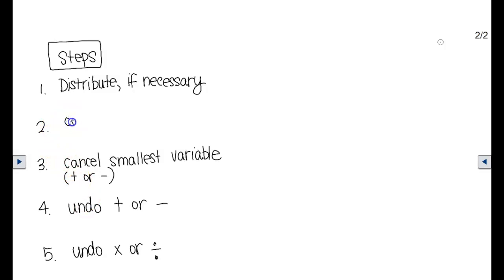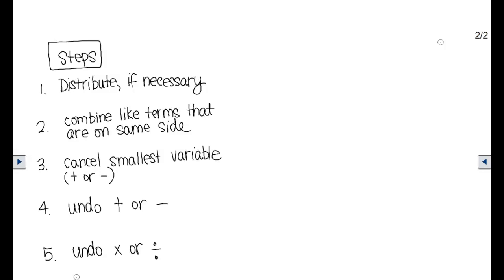Number 2 is going to be to combine like terms that are on the same side. To combine like terms that are on the same side.